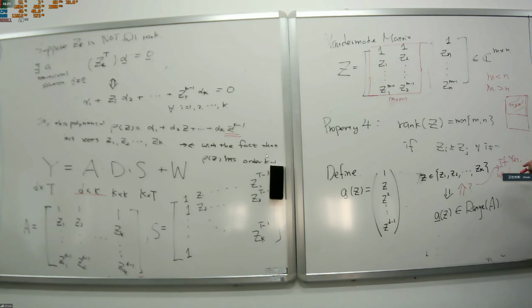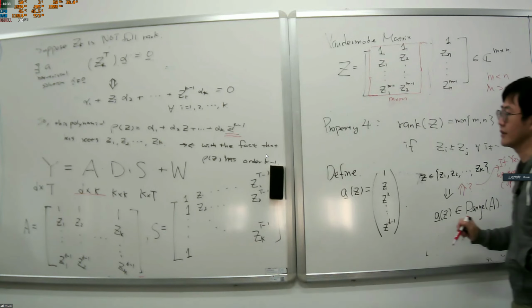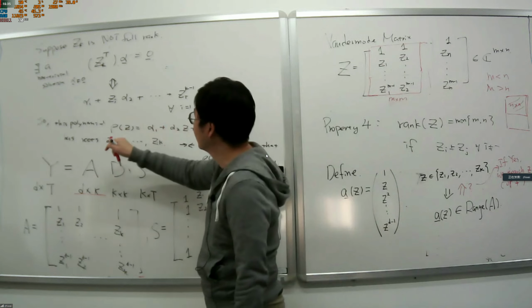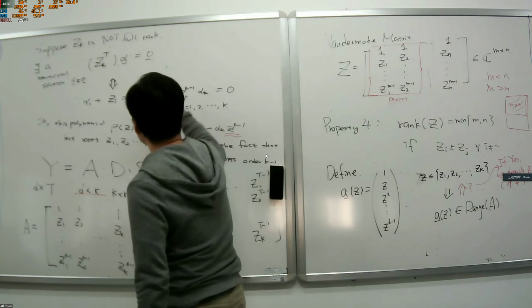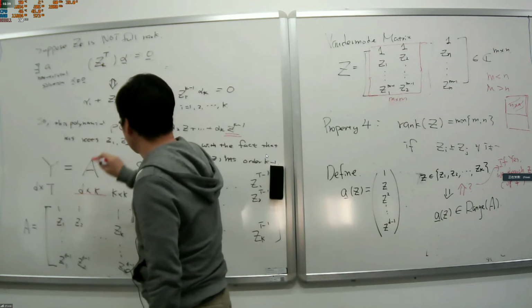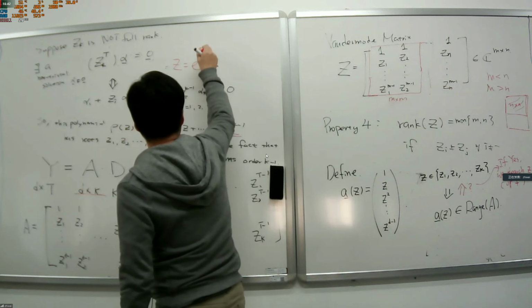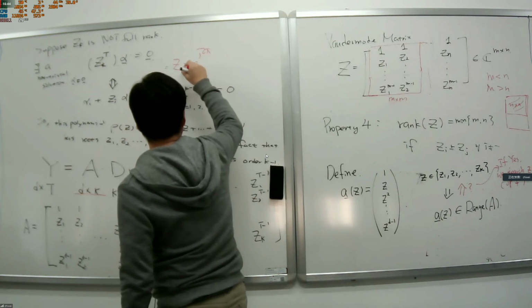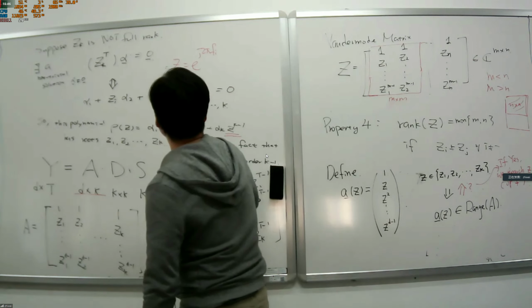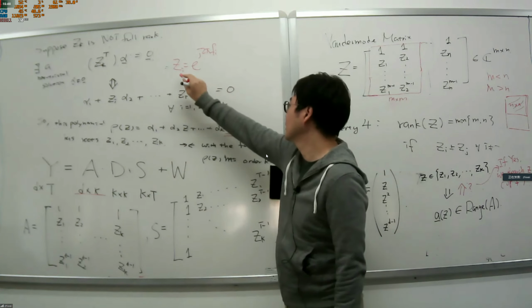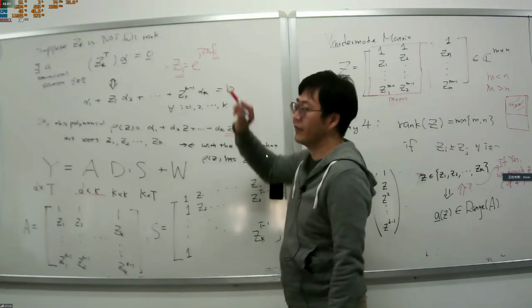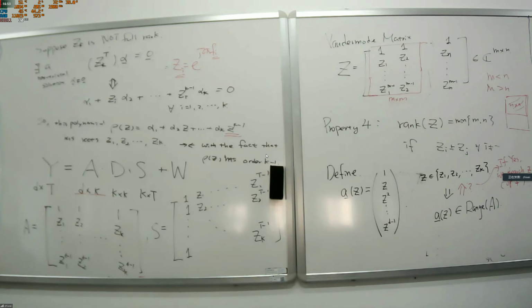We can search z, or equivalently search f, because z_i is exponential of j 2 pi f_i.